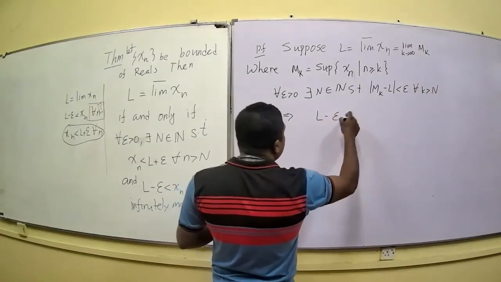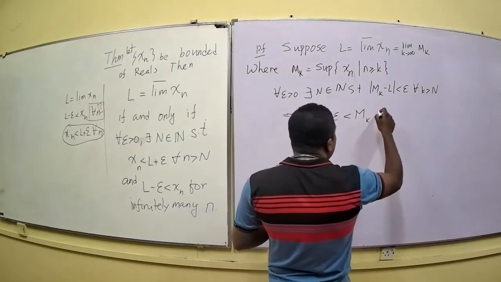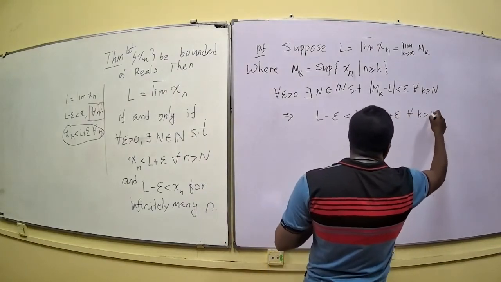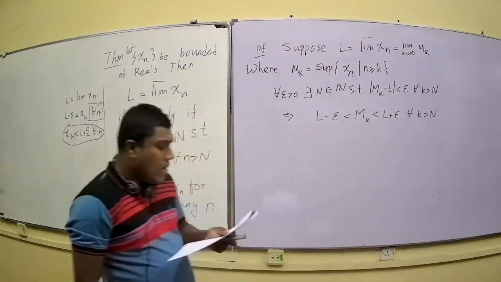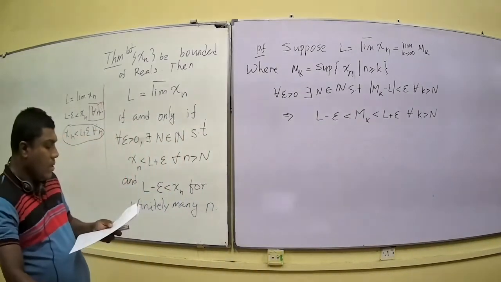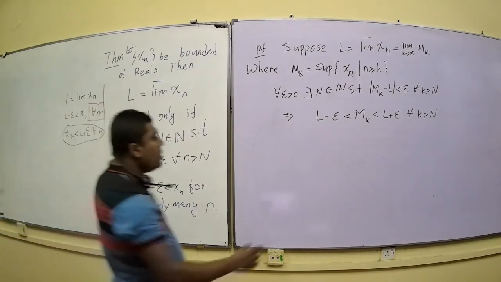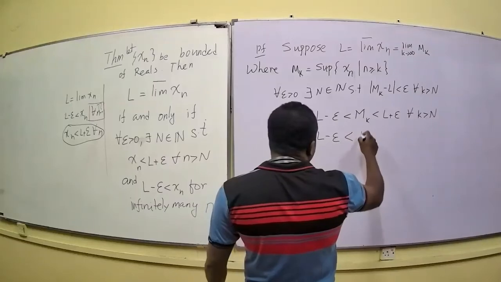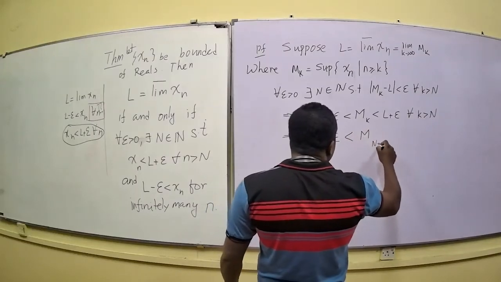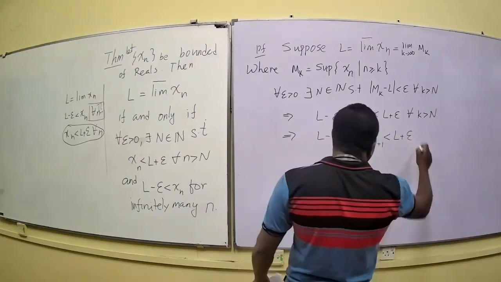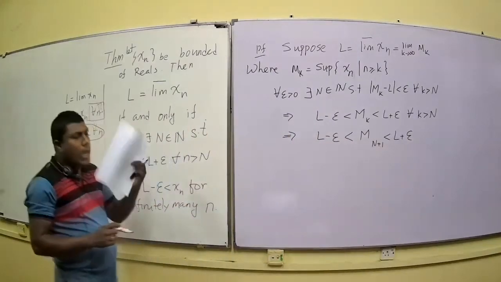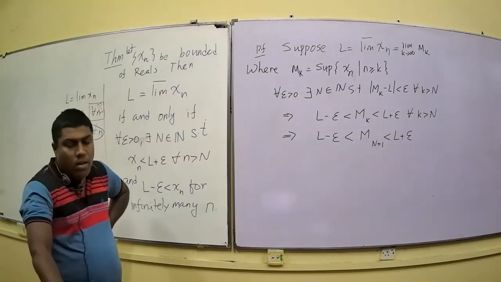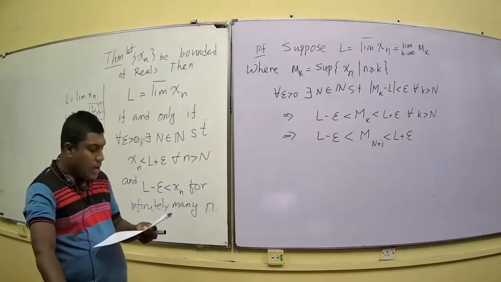L minus epsilon is less than Mk less than L plus epsilon for all k bigger than N. So this gives me L minus epsilon is less than M_{N+1} less than L plus epsilon, because this is true for all k bigger than N. So it is true for N plus 1.